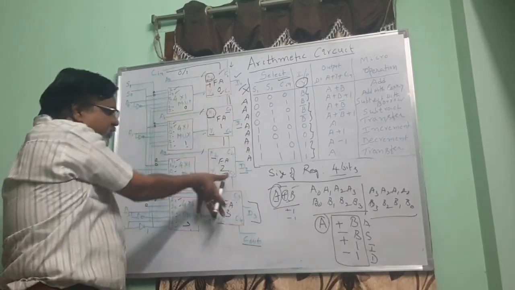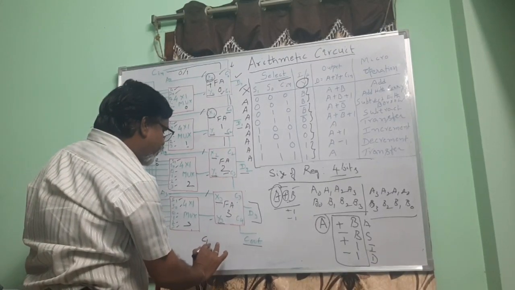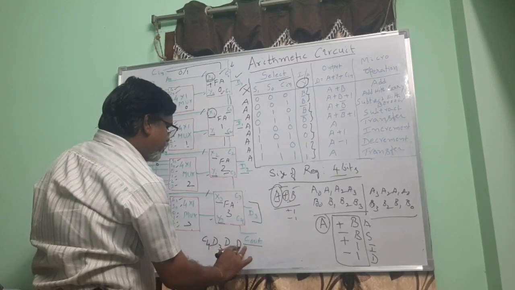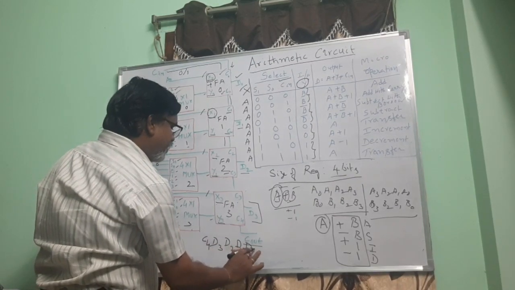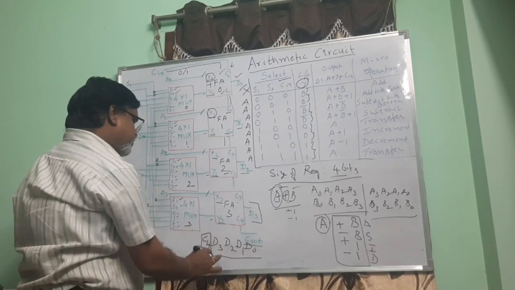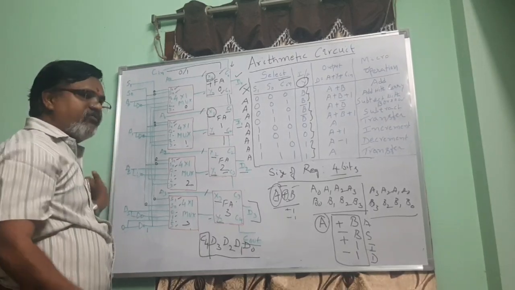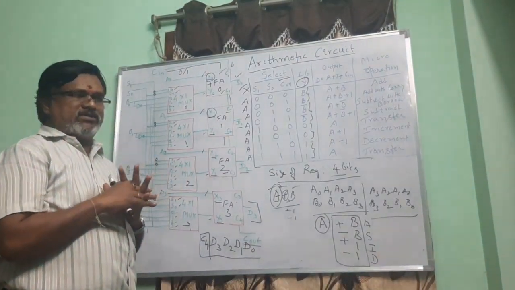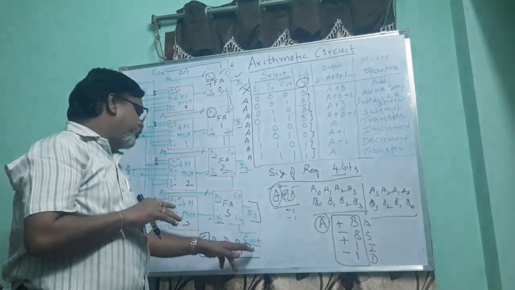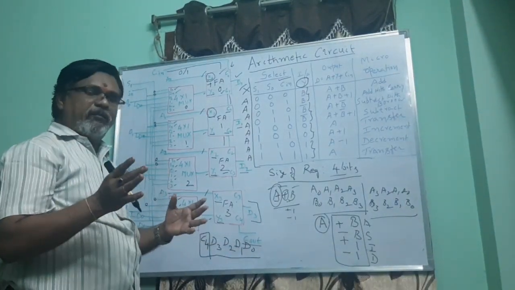So after performing this operation, our output is C4, D3, D2, D1 and D0. These are the sum bits and this is the external carry bit. Sometimes this external carry may be 0, sometimes it may be 1. So when we add two 4-bit numbers or perform subtraction between two 4-bit numbers, the output will be of 5 bits, where the 5th bit may be 0, or may not be 0.